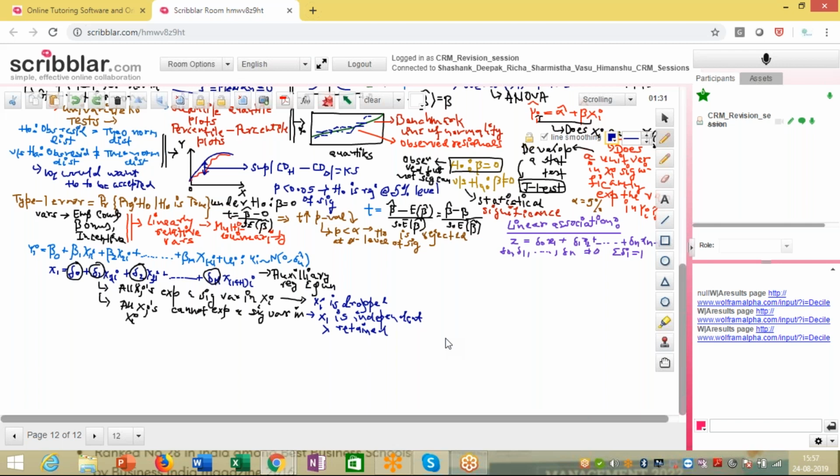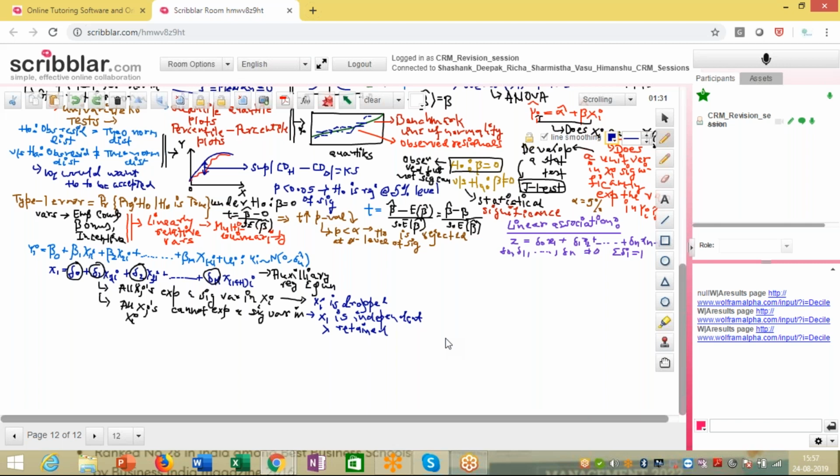Now the question is, why are they becoming insignificant? They may become insignificant because of multicollinearity in them. So the next thing you need to understand is how do we detect multicollinearity? To detect multicollinearity, we would require the concept of variance inflation factor.